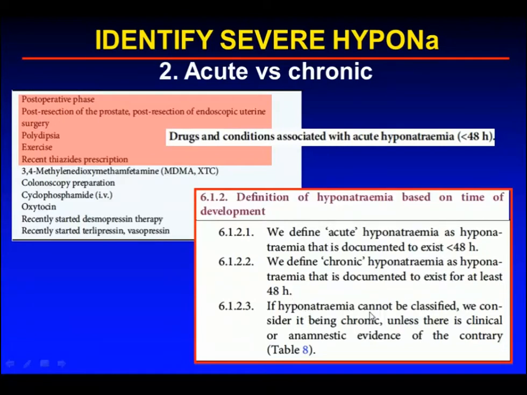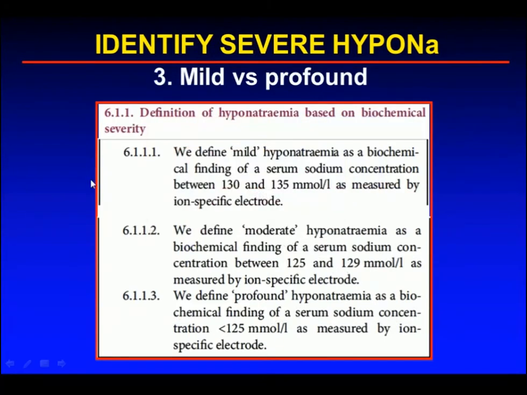And if hyponatremia cannot be classified, which is very classical, we consider it chronic unless there is clinical or anamnestic evidence of the contrary. And you can see here most situations which expose to acute hyponatremia: the postoperative phase, the TURP syndrome, surgery, polydipsia, exercise, and above all, thiazide prescription.